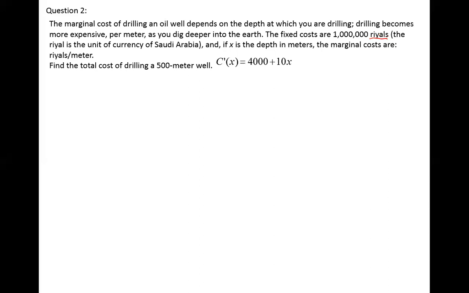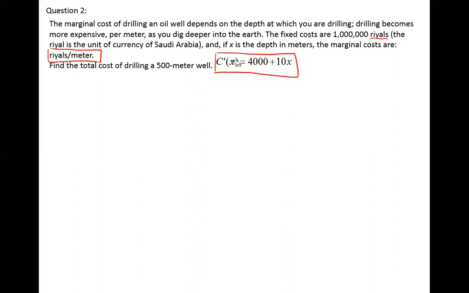We could say dollars, which actually is a lot, but okay, 1 million riyals. If x is the depth in meters, the marginal cost is defined like this, and the unit is riyals per meter, the money per meter, of course.